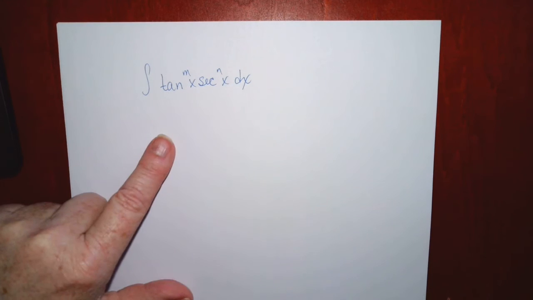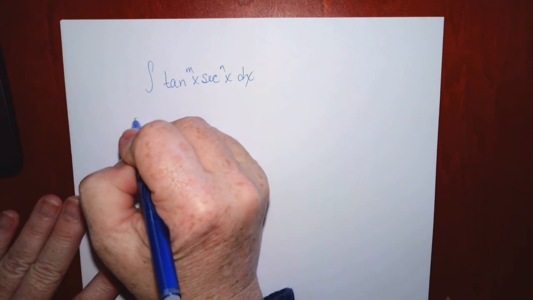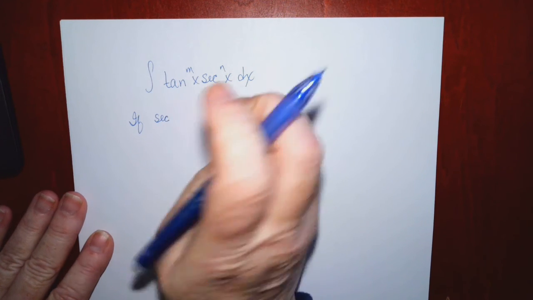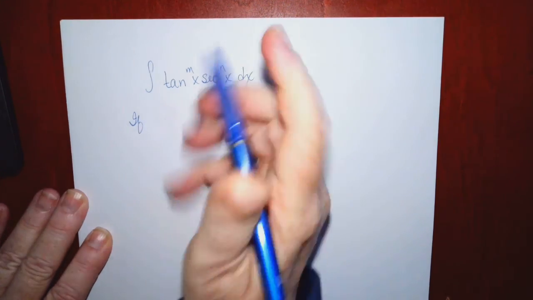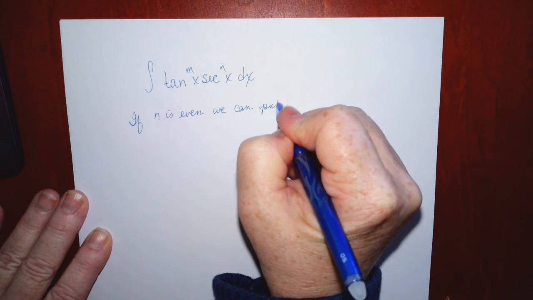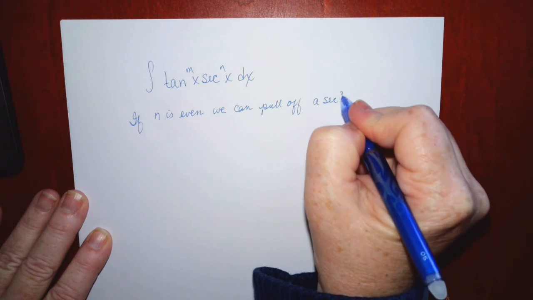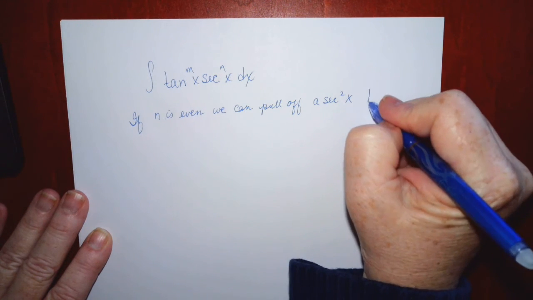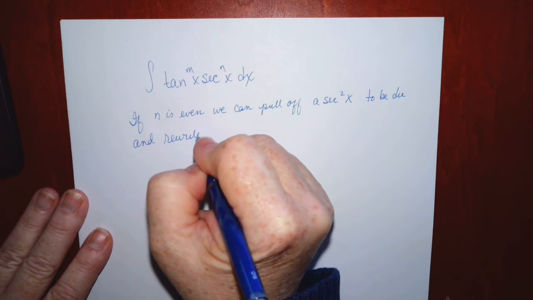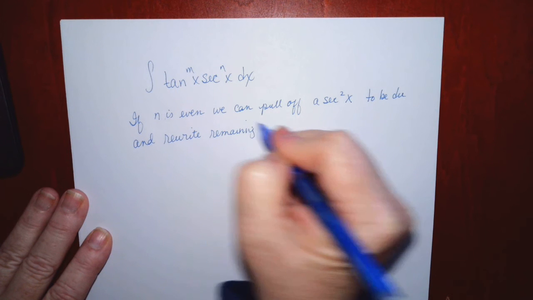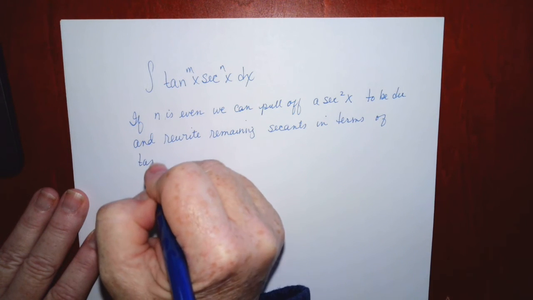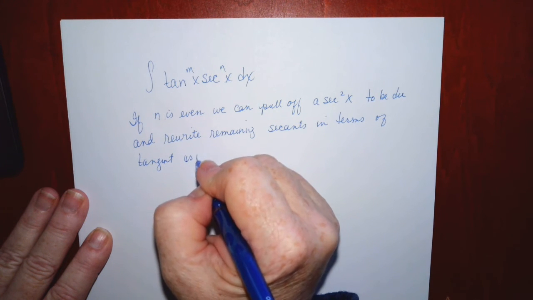Alrighty. So when we have a product of secants and tangents, if secant is raised to an even power, we can pull off a secant squared x to be du and rewrite the remaining secants in terms of tangent using the Pythagorean identity.